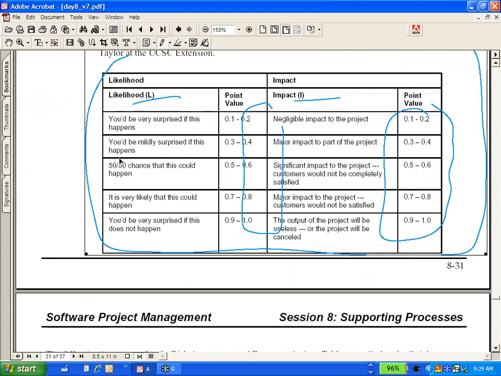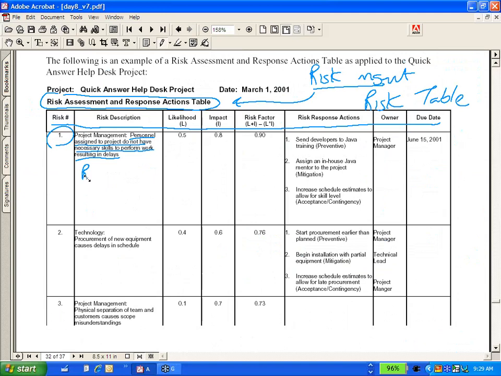Right. So the way to define a risk: event causes risk results, affecting either the schedule or the scope or the resources.